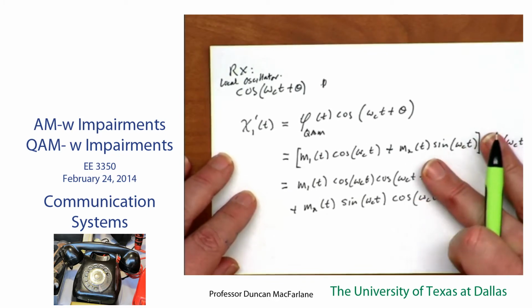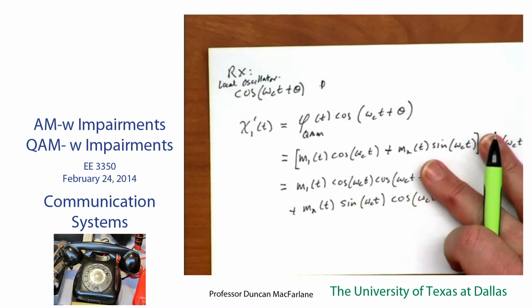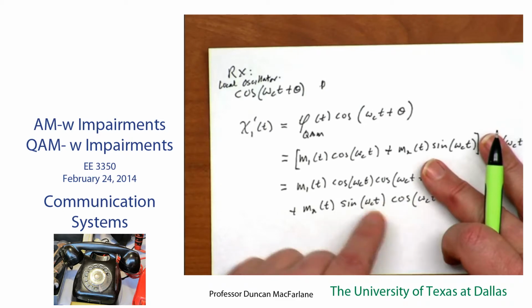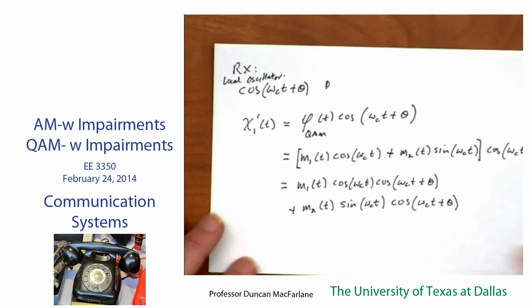And this guy here would be orthogonal. The sine and the cosine would be orthogonal, so when I average or low-pass filter, that guy would go away. Using my trig substitutions, I'll have omega ct minus omega ct and omega ct plus omega ct, and the sine will go to 0, and that whole term will be rejected. But that's not what we have.